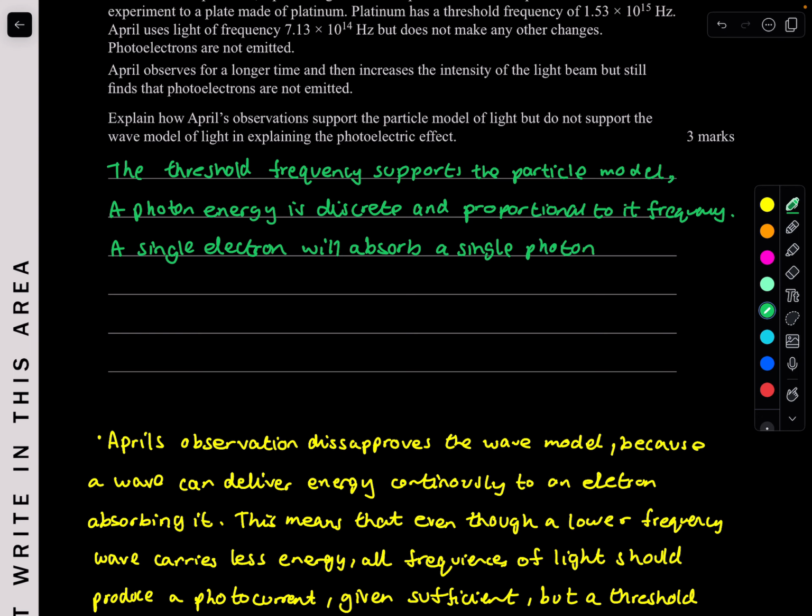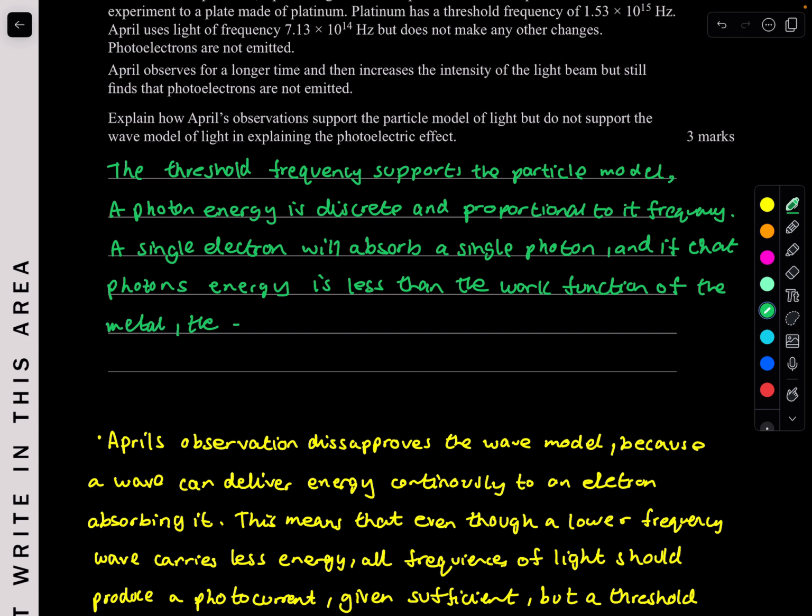So it will absorb a single photon, and if that photon's energy is less than the work function of the metal, the electron will not be emitted, and no photocurrent will be produced.